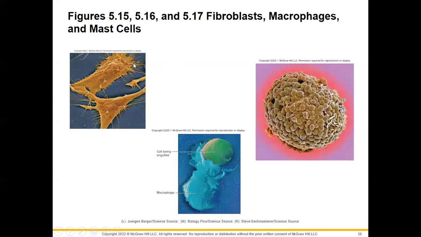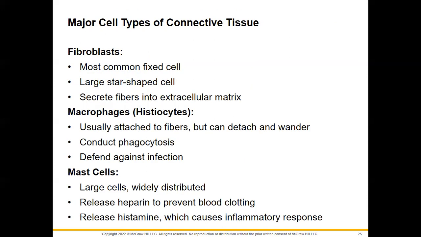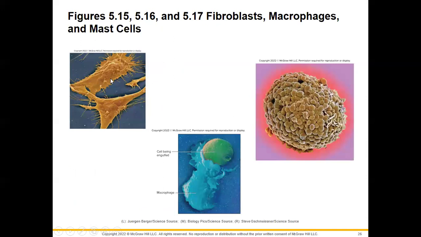So here you have your star-shaped cell. We said that your fibroblasts are going to be large star-shaped cells in a fixed area. So star-shaped cells that look like they're stuck to the surface to me. This is a macrophage.